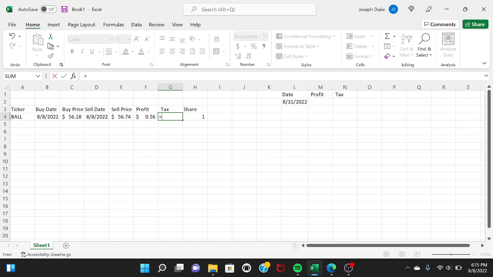So we'll do equals the profit divided by 4. And we're going to track that up here. This is going to be our monthly totals. So when we get our statements, that's why it has the last day of the month, we're going to make sure that we are saving for taxes and we know how much money to put in our bank account, right?